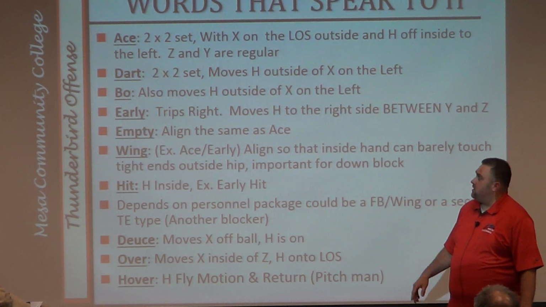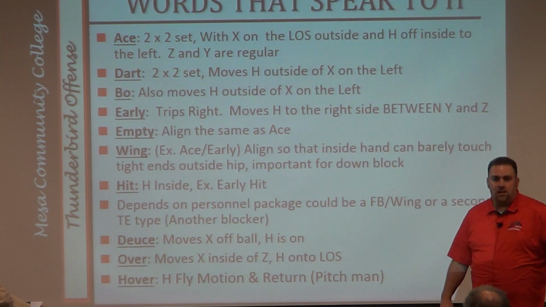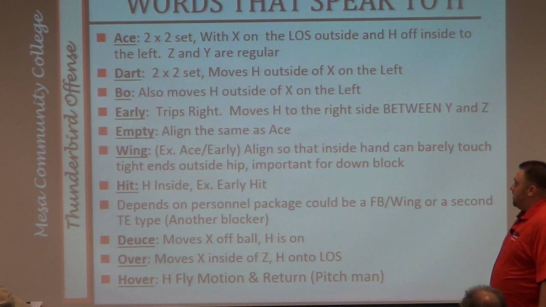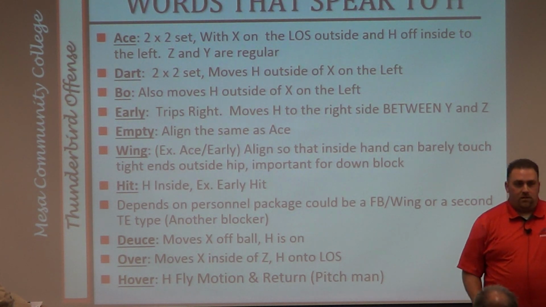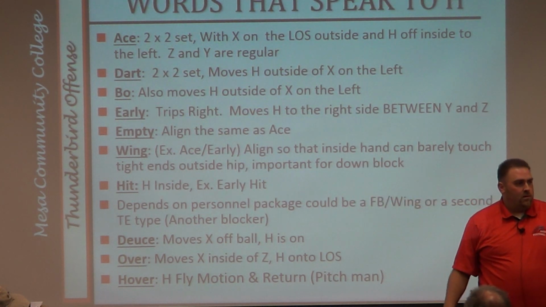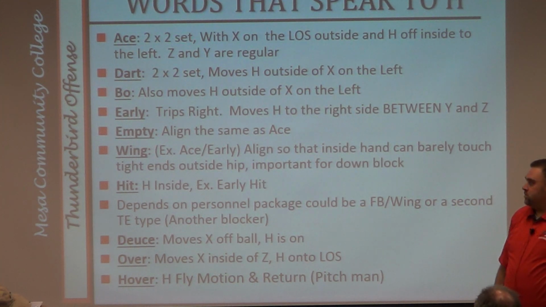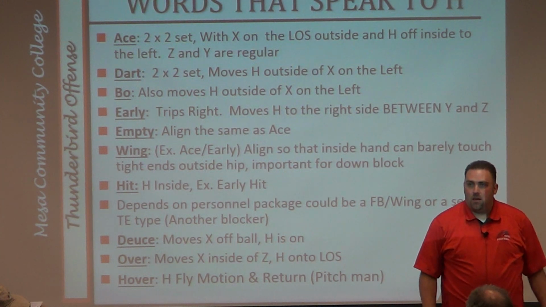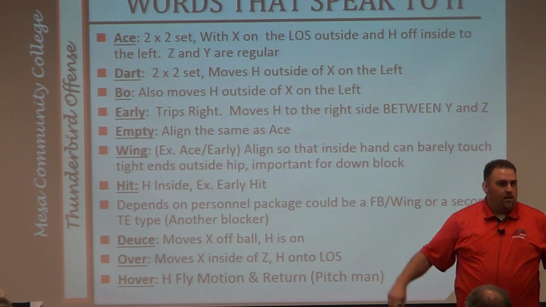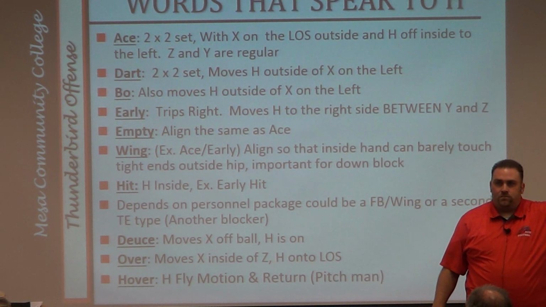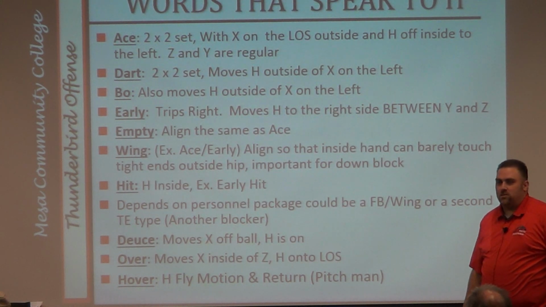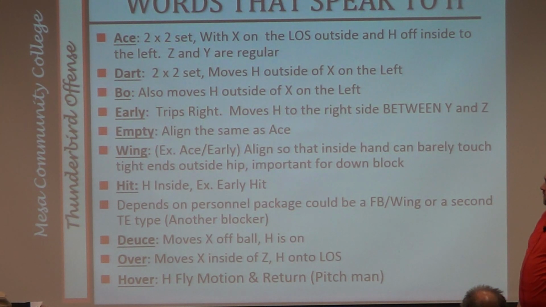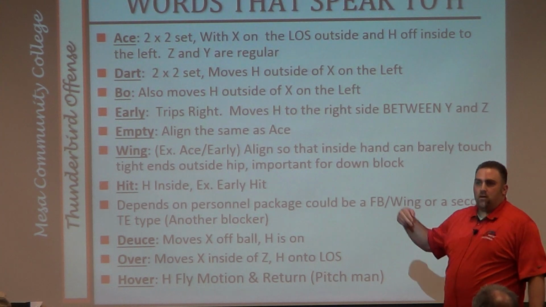H, that's my movable piece. He's in an ace, on the left in the slot off the ball. If I say dart, just like late over here, it switches those two. If I say bow, back's outside. That's an empty set. The tailback goes to the right, and my H just goes outside of the X. If I say early, now he goes over to the other side.